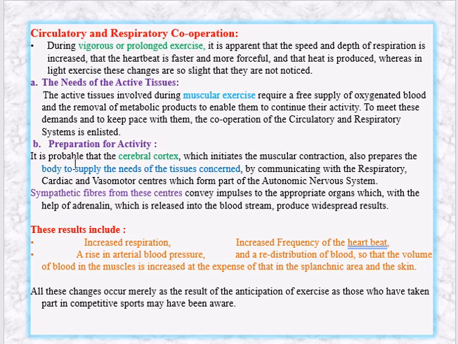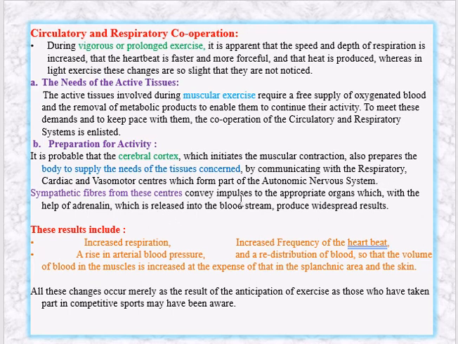It is probable that the cerebral cortex, which initiates the muscle contraction, also prepares the body to supply the needs of the tissue concerned by communicating with the respiratory, cardiac, and vasomotor centers, which form part of the autonomic nervous system.